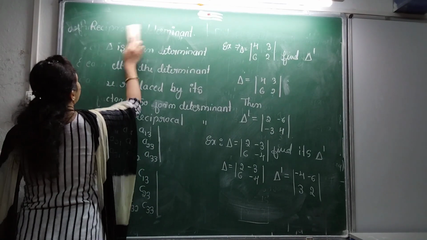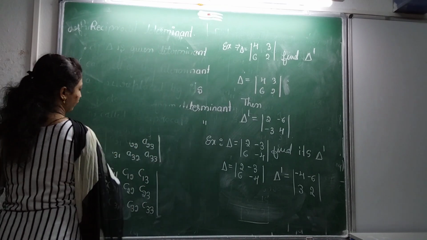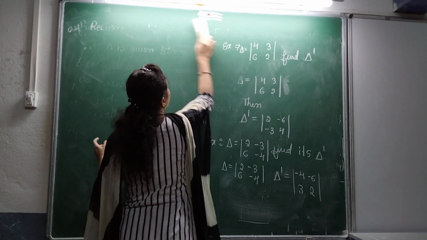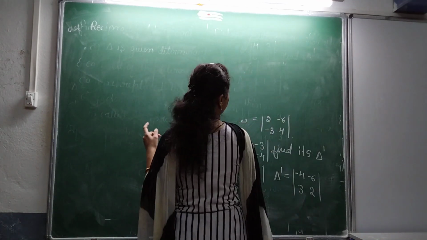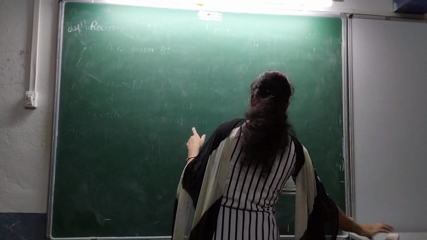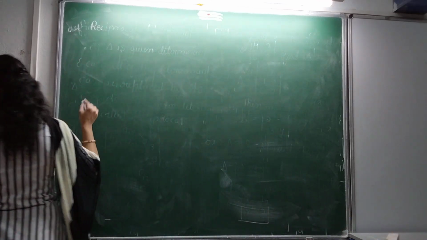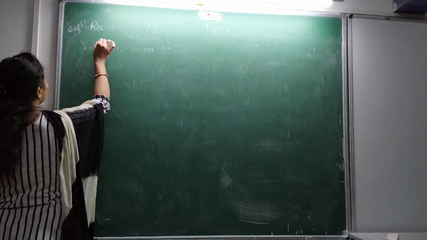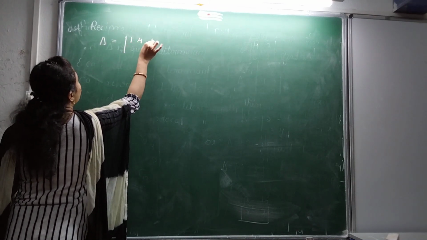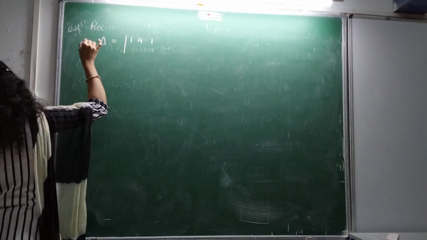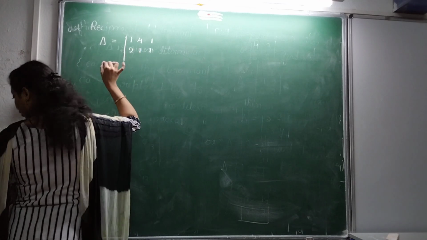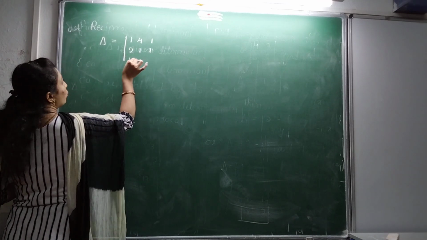Next example: delta is equal to 1 4 1, 2 1 1, and the third row is 1 5 2.